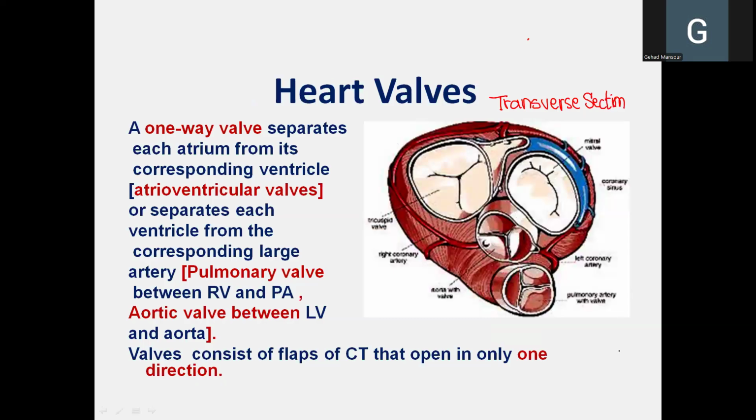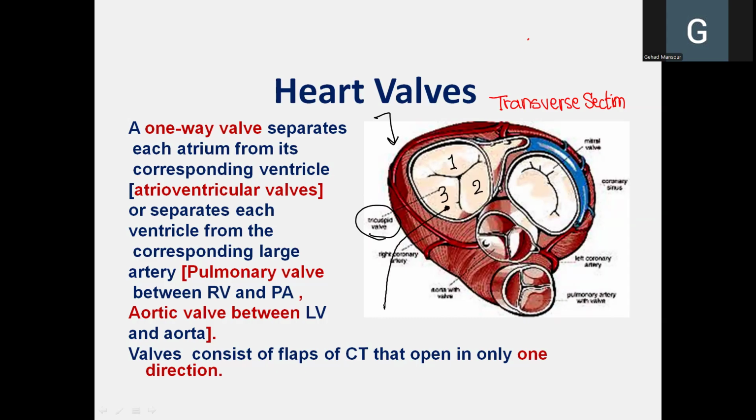Coming back to this diagram. In this diagram, we have made a transverse section, and we are looking end on, at the top of this transverse section, in order to see how the tricuspid valve consists of three cusps or three connective tissue leaflets.